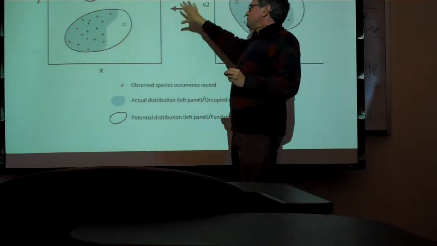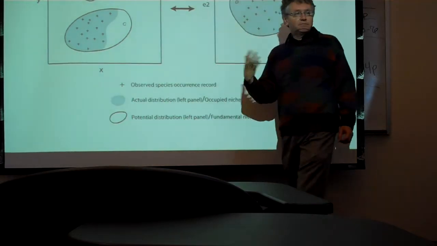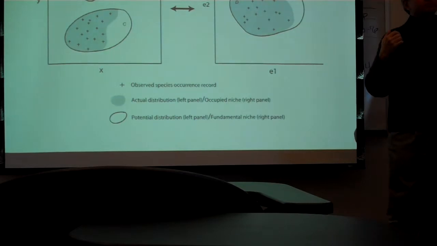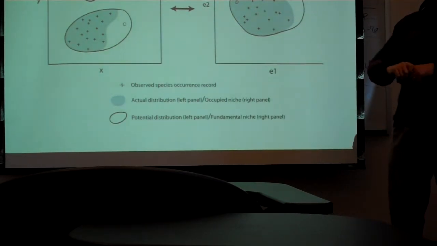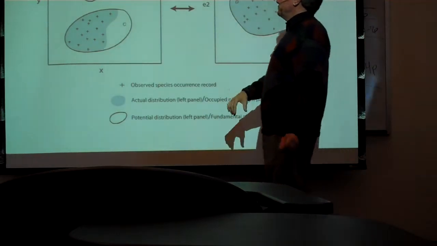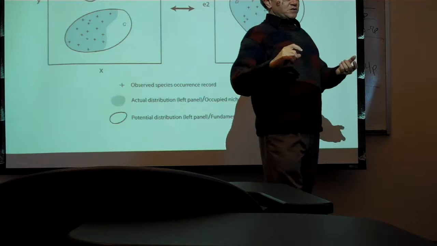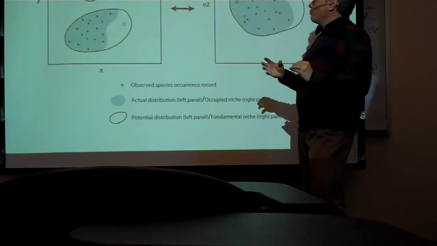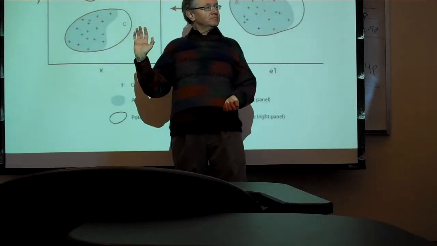Here's geographic space, and these pluses are places where we have observed the species. There are two things we most commonly want to predict. First of all, given this set of observations, where do we think the full range of the species might be?